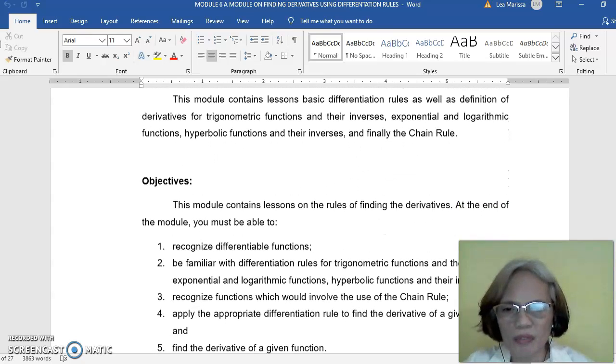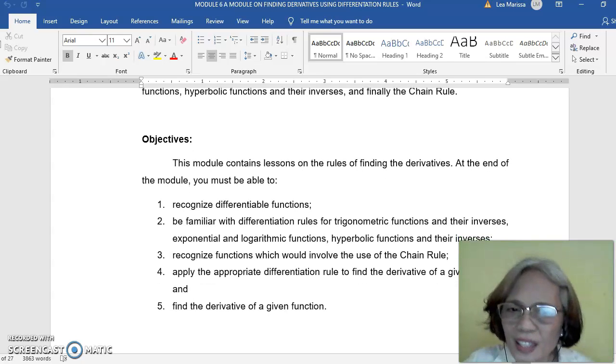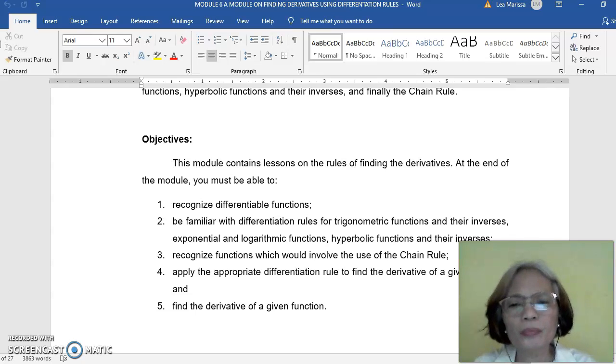What are the objectives? I set 5 objectives. This module contains lessons on the rules of finding derivatives. At the end of the module, you must be able to: this is a progression from the most simple learning outcome to the most complex. The learner should be able to recognize differentiable functions, be familiar with differentiation rules involving trigonometric functions and inverses, exponential and logarithmic functions, hyperbolic functions and their inverses, and recognize functions which involve the use of the chain rule.